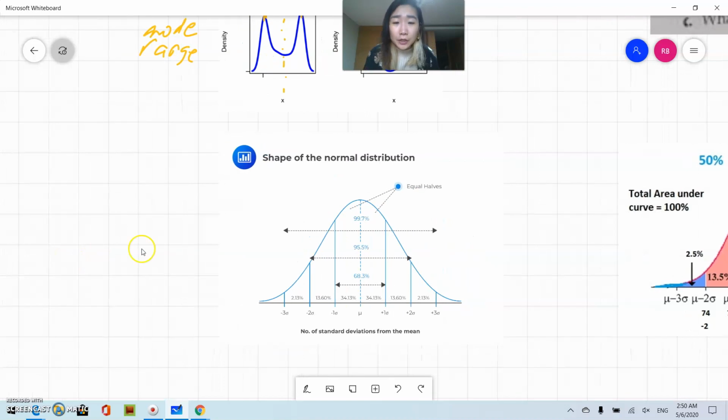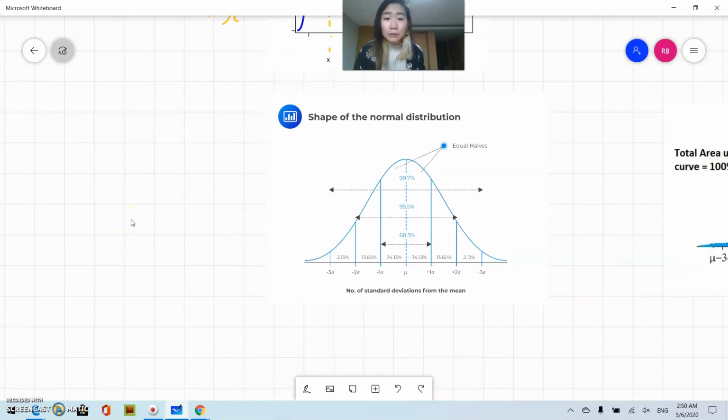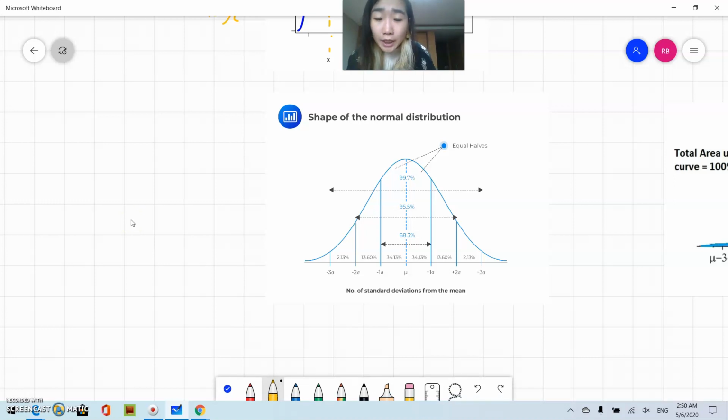So today what we're going to actually learn about is something called normal distribution. What's important about normal distribution is it's perfectly symmetric, and mean and median are equal in this case. They're absolutely the same. So symmetric, mean and median the same, unimodal. This little symbol is called mu.